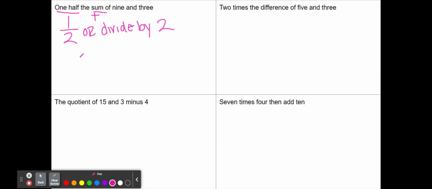First thing I'm going to do is 9 plus 3, because that's simpler to do with addition, and then I'm going to half it. So I could say divided by 2, or another way that it is commonly written would be 9 plus 3.